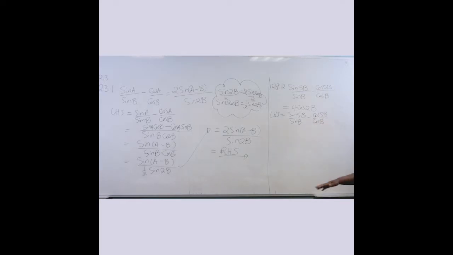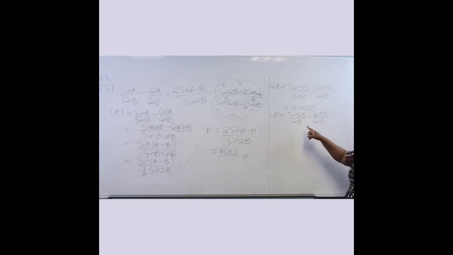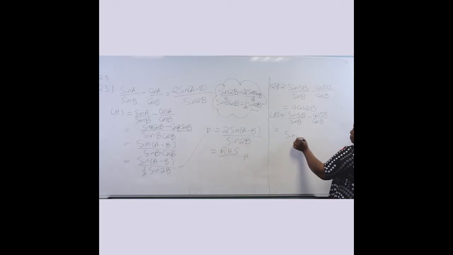If you look at it, we are doing similarly to what we just have done now. Doing this, we're going to find our lowest common denominators first. It's going to be sine B cos B. There we will have cos B multiplied by sine 5B minus sine B multiplied by cos 5B.